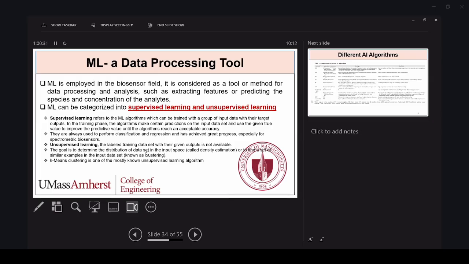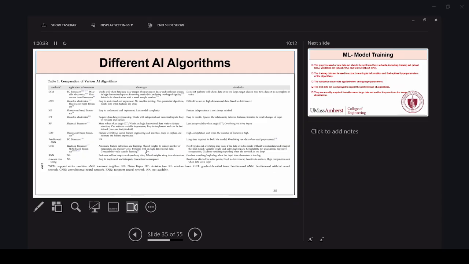And whatever algorithm we develop is mainly based on the input and however we train the model, right? Different algorithms have been used for biosensors.